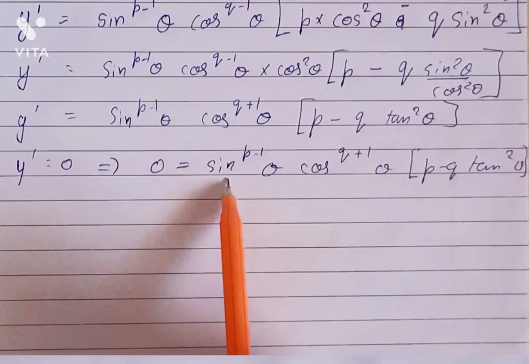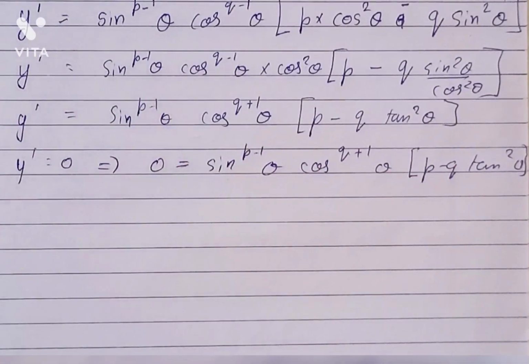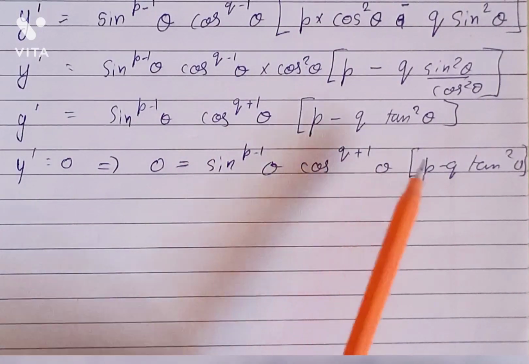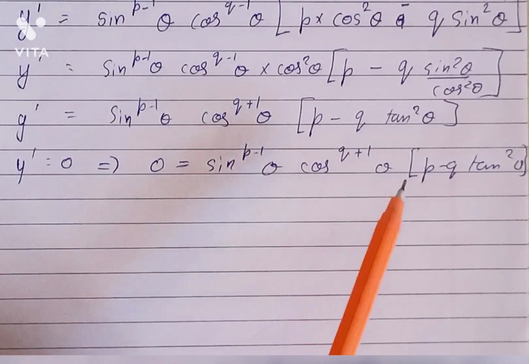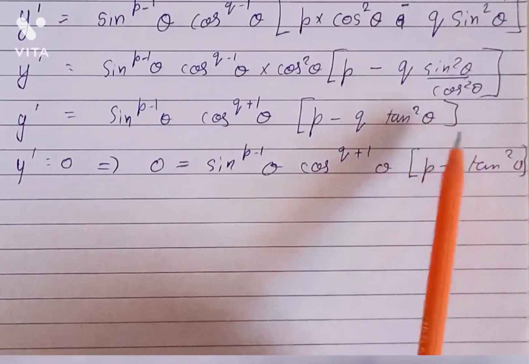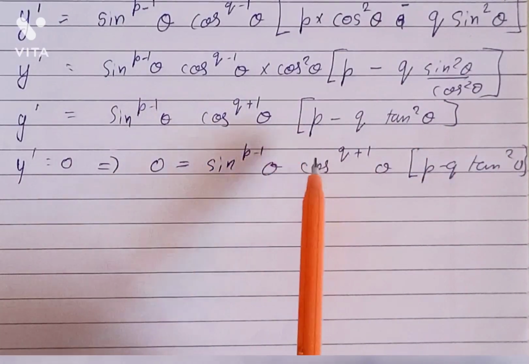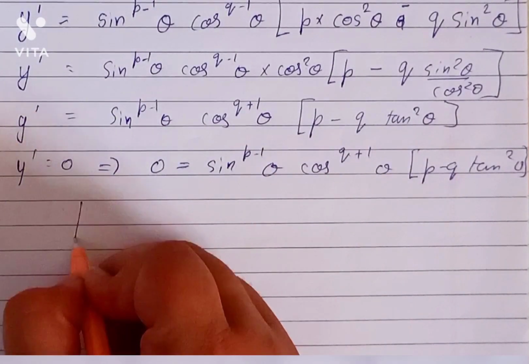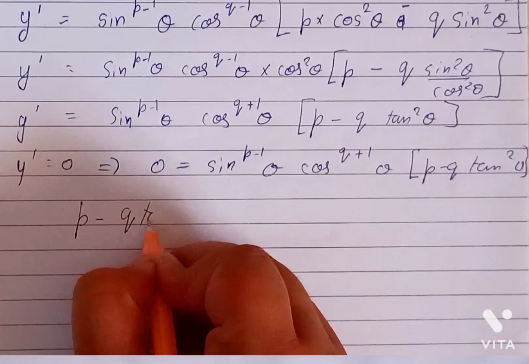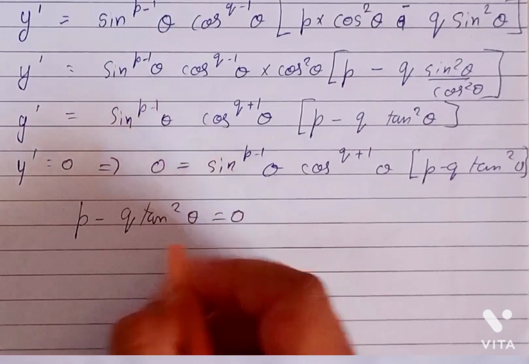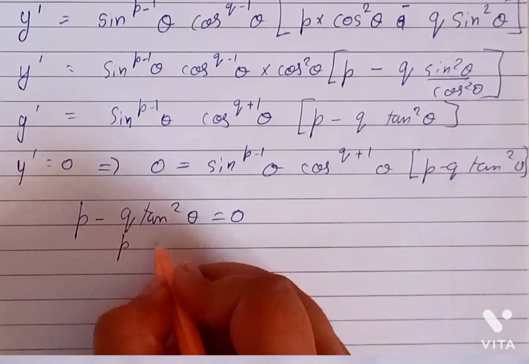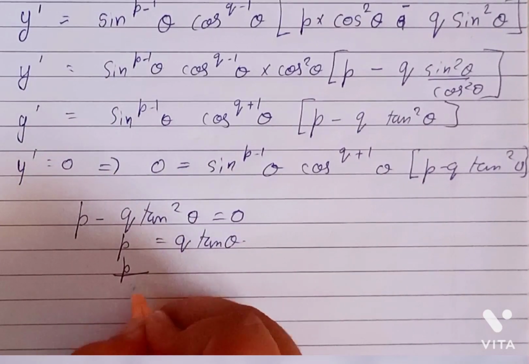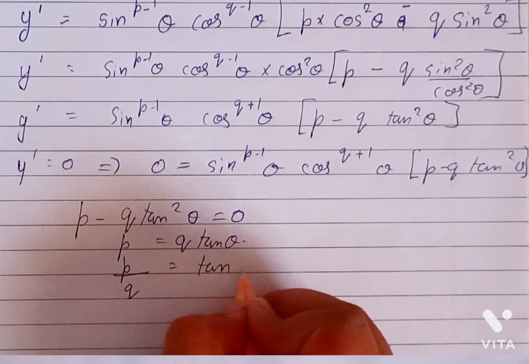So I don't equate sin to the power p minus 1 theta equals 0 and cos to the power q plus 1 theta equals 0. Why? Because I need this only. Why should I see values of this also? So directly I will take p minus q tan square theta equals 0. From here I could write p is equal to q tan square theta, so p by q is equal to tan square theta.